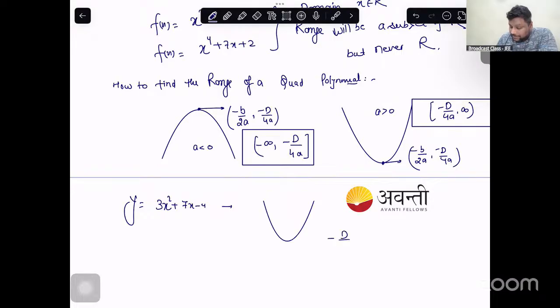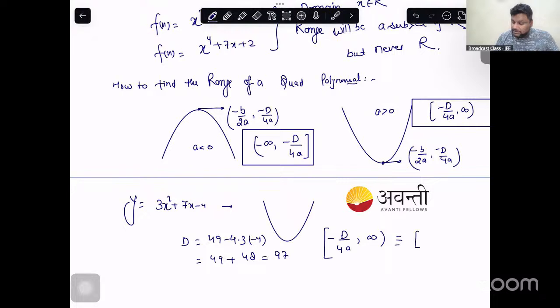Minus d by 4a to infinity. Now d is b square 49 minus 4, a is 3, c is minus 4. So it is 49 plus 48. That is 97. So range comes what? 97 to infinity.